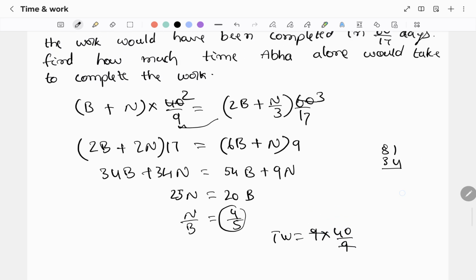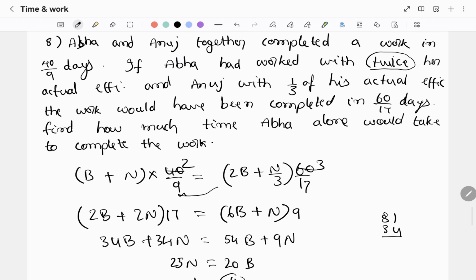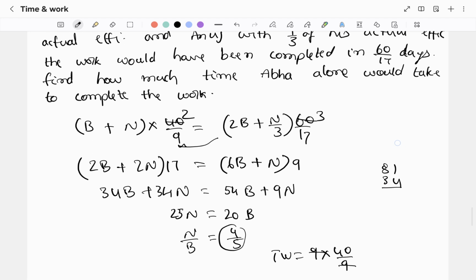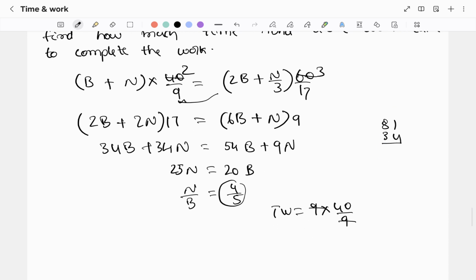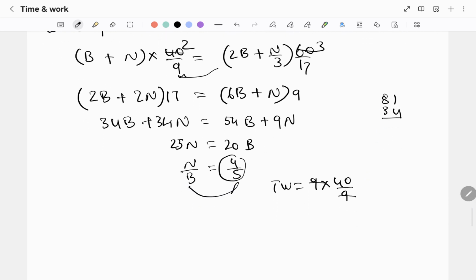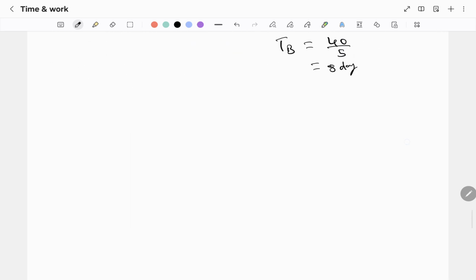So 40 days. But Abha alone worked for, Abha means B. What is B's efficiency? 5. B's efficiency is 5. Total work is 40 by B, 8 days. In 8 days, Abha would have completed the work.